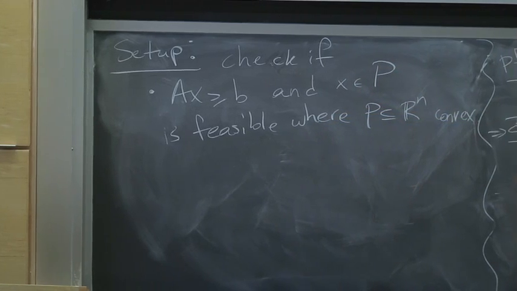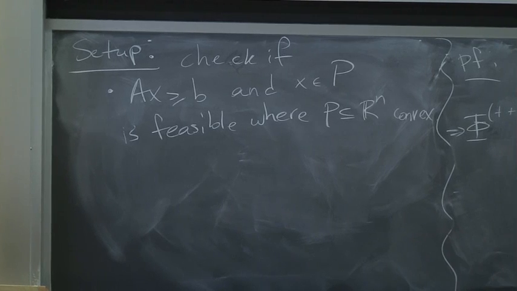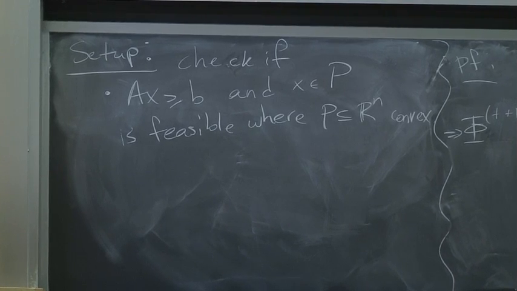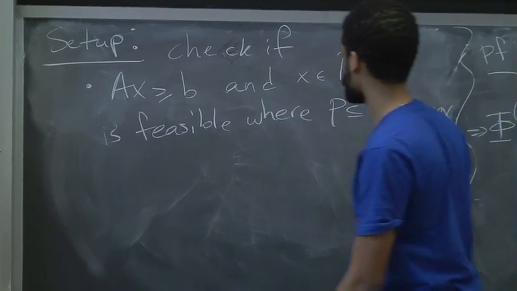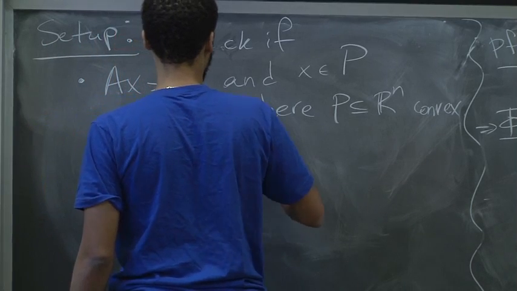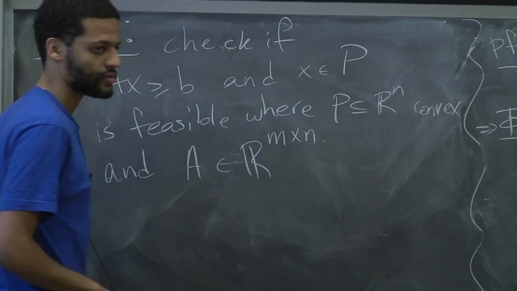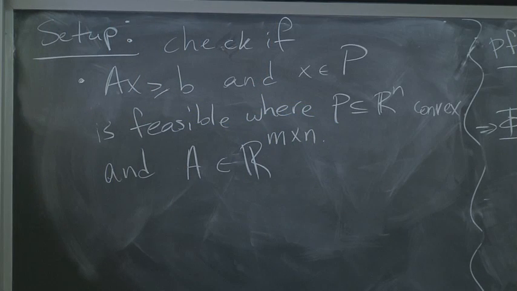Just remember, it just means that if you take a convex combination of points, that stays inside of P. And A is an m by n matrix.